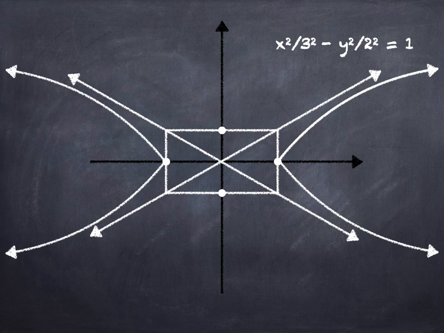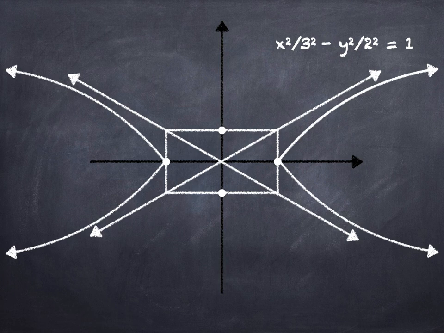Probably as good as I could have done with a marker on the whiteboard if we were here in school. So it's not really hard. We take our focus from the equation, 3 and 2, mark those on the graph, put on the box, the rectangle, draw the diagonal lines from corner to corner, and then draw a nice smooth curve.